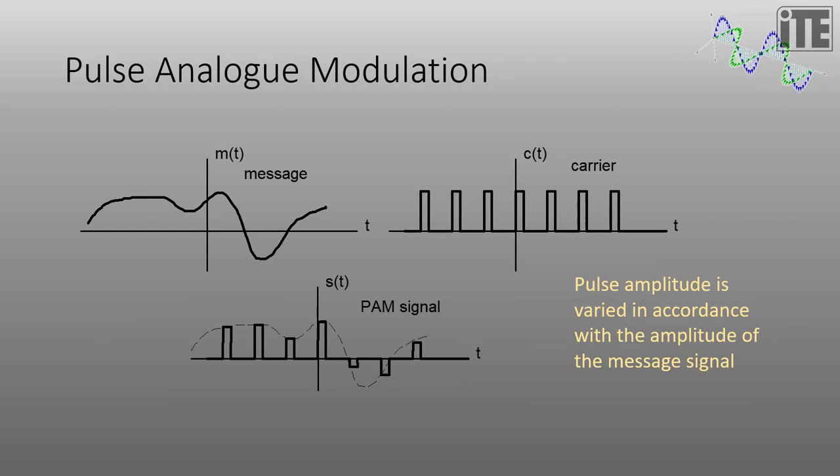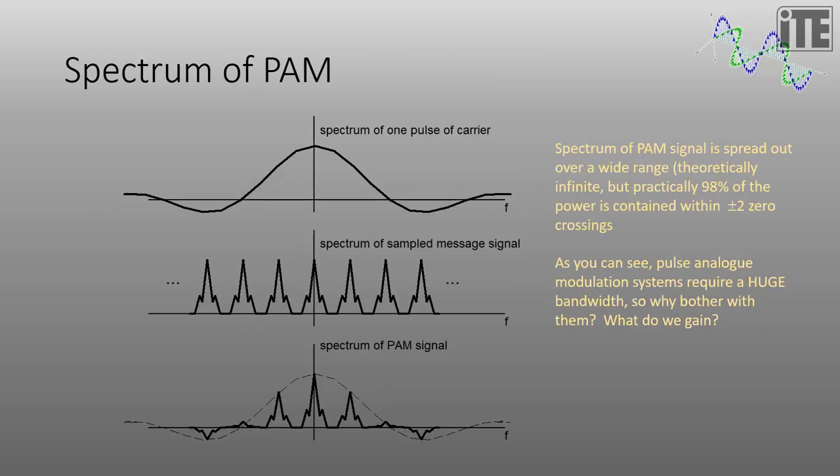Pulse analog modulation, pretty basic. We vary the amplitude of the pulses in accordance with the amplitude of the message signal. And the effect of that is that the spectrum of our PAM signal is spread out over a very wide range, theoretically infinite, because sine x over x never goes to zero, except at the zero crossings.